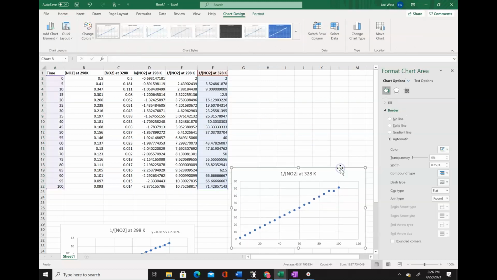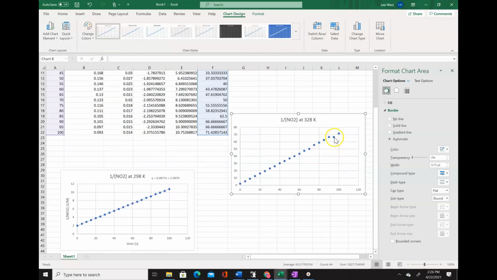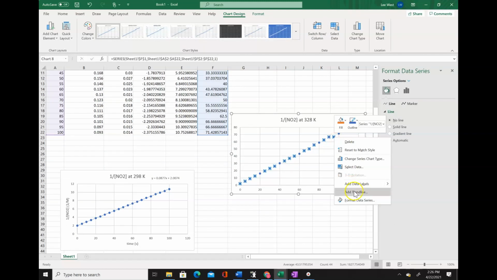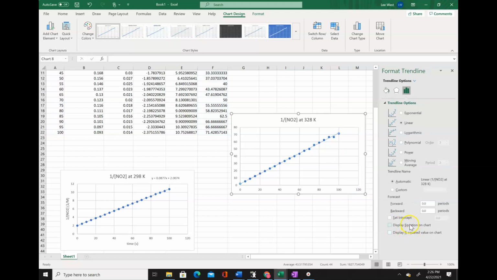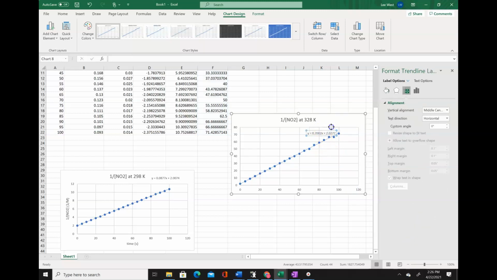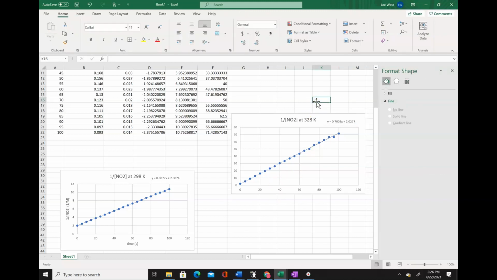There's my scatter plot. And when I right click on this and add the trend line, I then ask it to display the equation, and what I'm looking for is that the slope is a lot bigger than what I had at 298. So remember that as the temperature increases, the rate constant will get bigger, and because it's an exponential dependence, a small change in the temperature results in a big change in the rate constant.